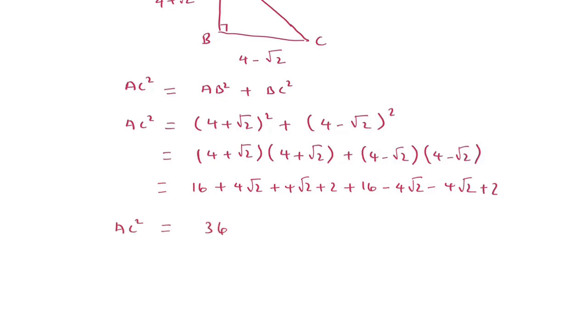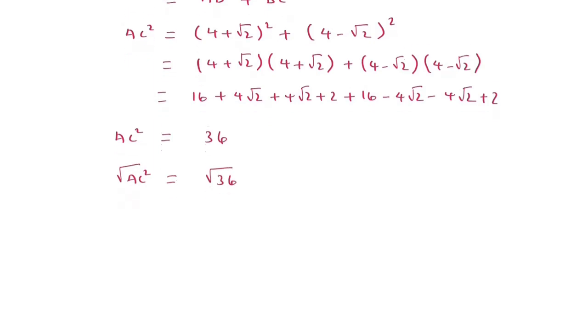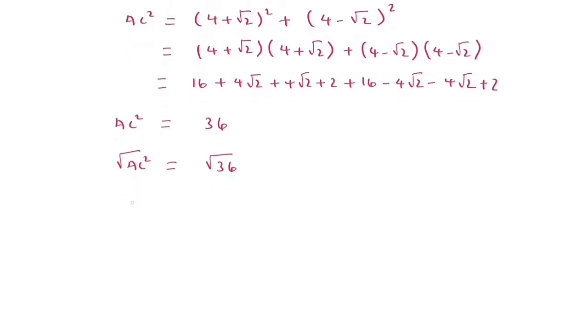36. Okay, so now let us apply the root both sides. Then our equation is going to be root AC squared equals root 36. Solving this, we are going to have AC equals 6 centimeters.